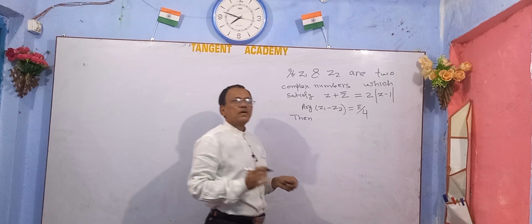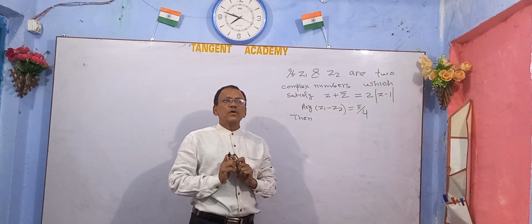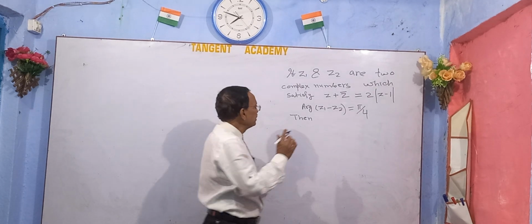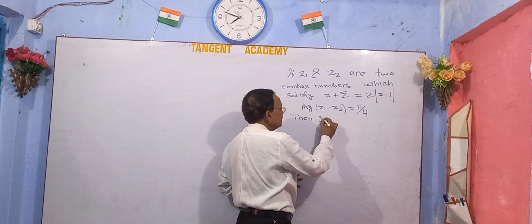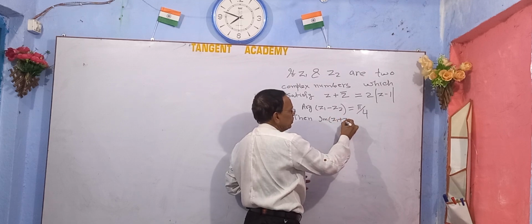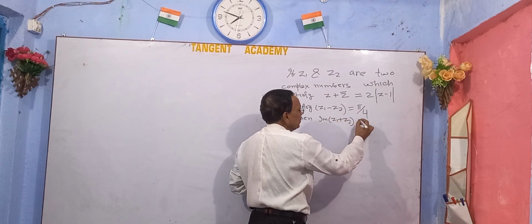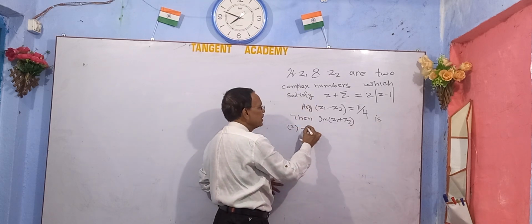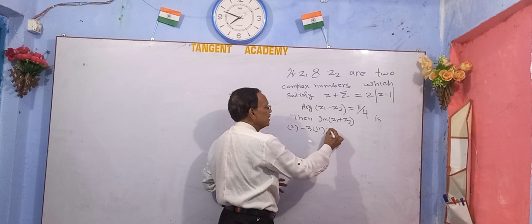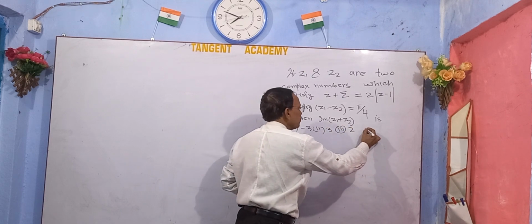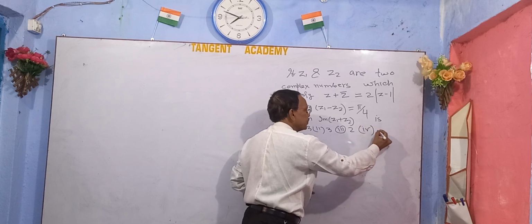Then the imaginary part of Z1 plus Z2 is given by option 1 minus 3, option 2 3, option 3 2, and option 4 minus 2.